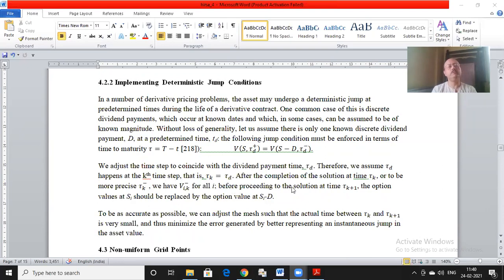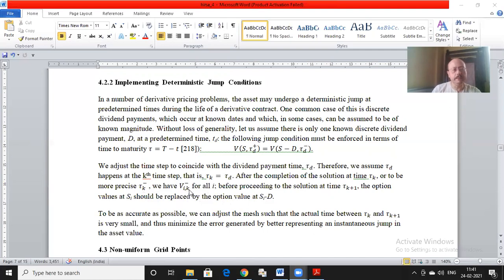So what are we going to do when we are doing our finite approximation? After the completion of the solution at time tau K, or to be precise, tau K minus. So we are going backwards, remember. So tau K minus, we have the value up to and just before tau K, which we call V_i^k minus for all i.